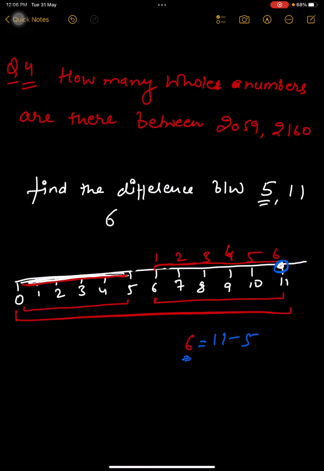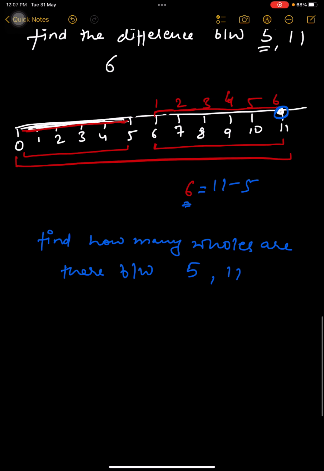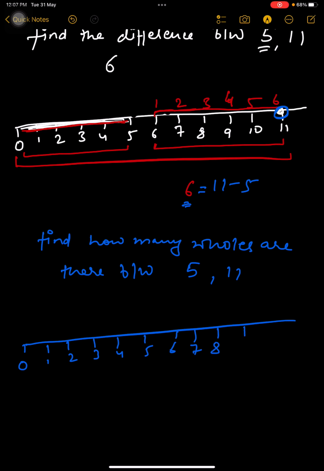But if I ask you to find how many whole numbers are there between 5 and 11, then in that case, let me draw the number line again. 0, 1, 2, 3, 4, 5, 6, 7, 8, 9, 10 and 11.